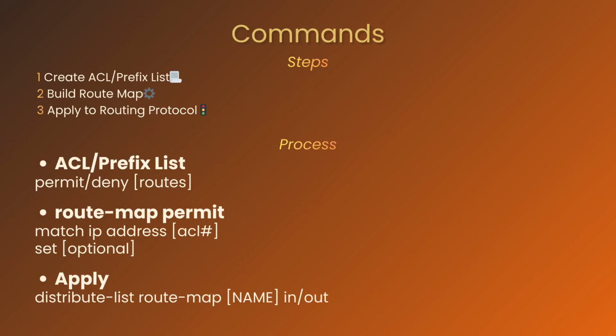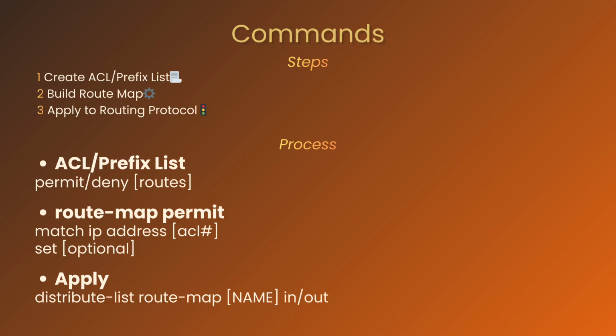Now let's look at some key commands involved in building a route map. A route map begins like this: route-map, name, permit, sequence number, or route-map, name, deny, sequence number. That line creates the policy and the sequence number. Inside that sequence, you'll use match ip address prefix-list, set metric, set ip next-hop.